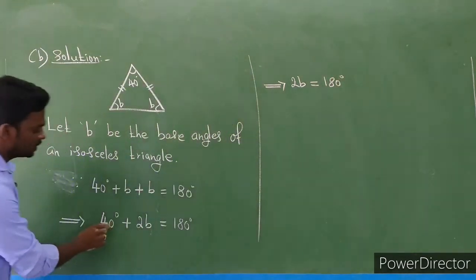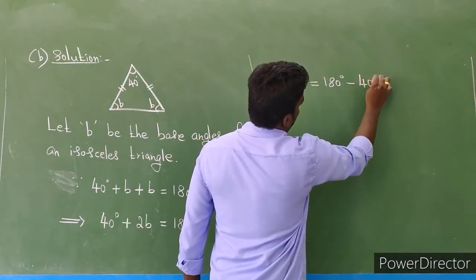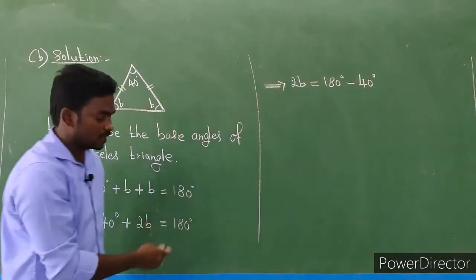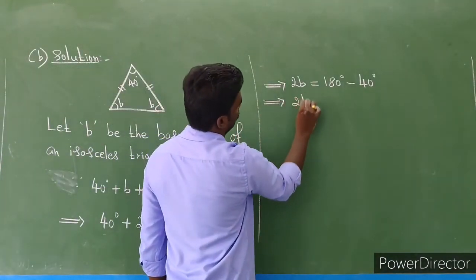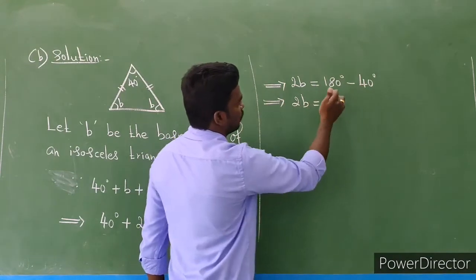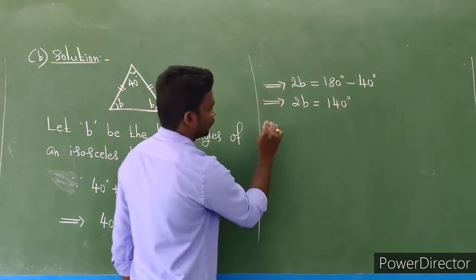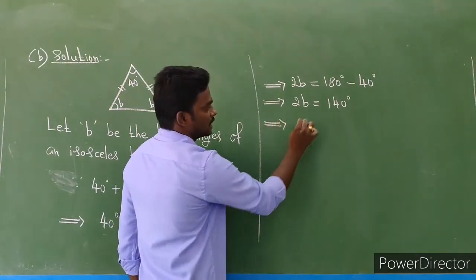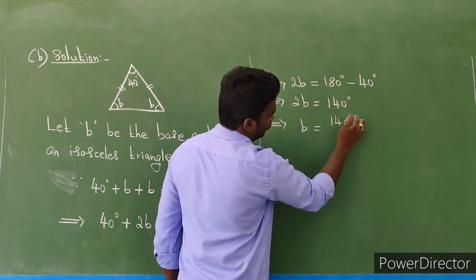So this 40 is transposing to minus 40 degrees on the right side. Implies that 2B is equal to 180 minus 40, which is 140 degrees.